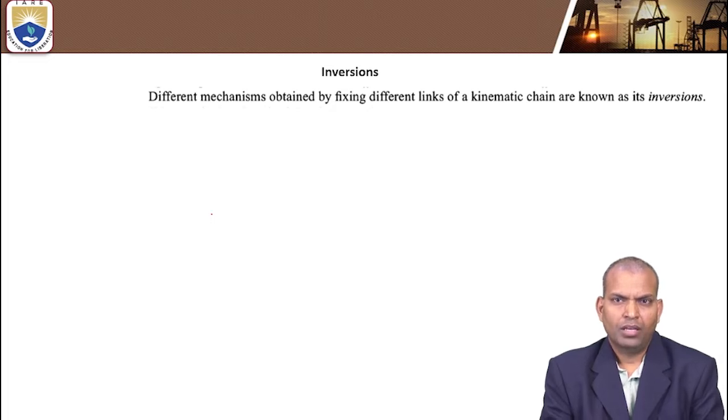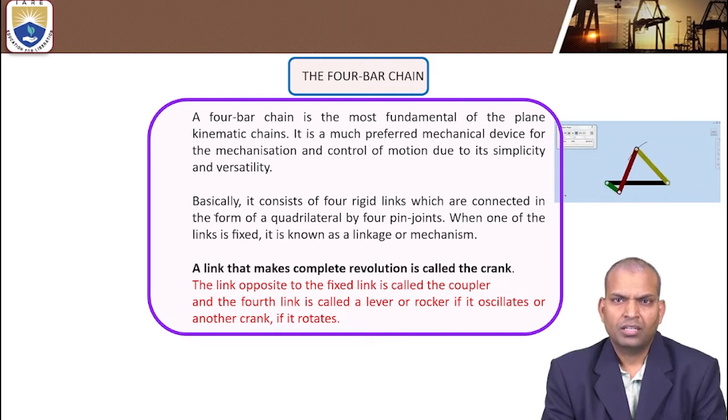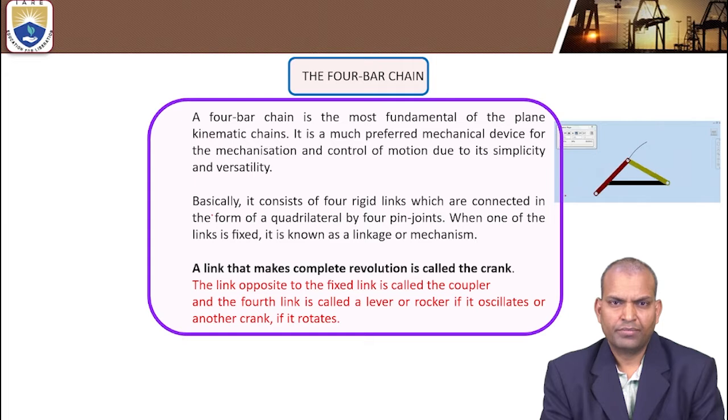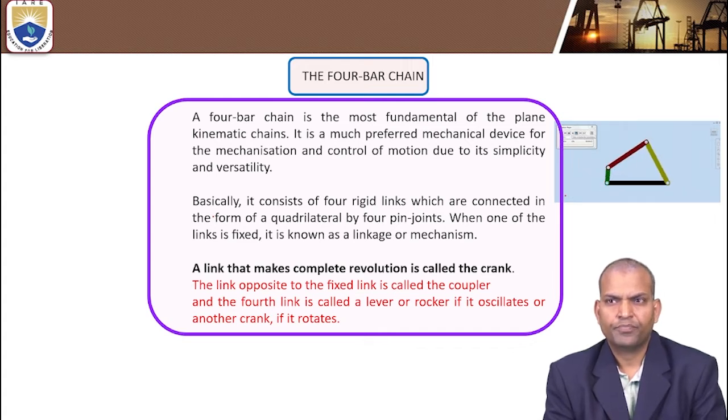So let us come to what is a 4-bar chain. The 4-bar chain is a very simple kinematic chain, and it is a much preferred mechanical device for the mechanization and control of motion due to its simplicity and versatility.